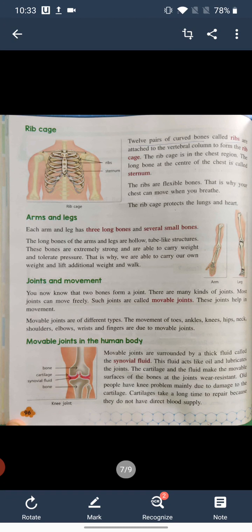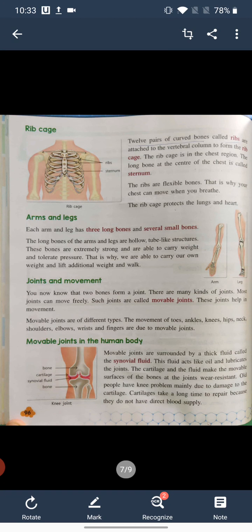If you examine such locations in your body, you will find that at all such locations two or more bones are joined. The locations in our body where two or more bones are joined are called bone joints, or simply joints. All our movements are brought about by joints and muscles.